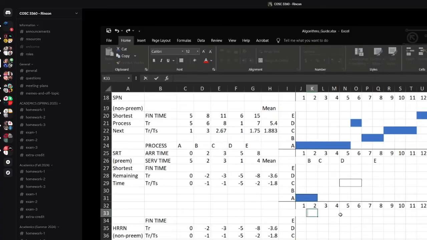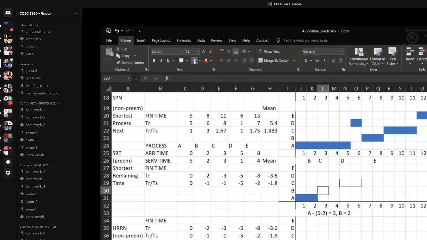A has a remaining time of 5 minus 2, because it has already run 2 times, so that's 3. B hasn't run yet, it just joined the queue, and B has a remaining time of 2, because that's its service time. So between A and B, which one has the shortest remaining time? It would be B. So B is going to interrupt A, and B is going to start running right now.